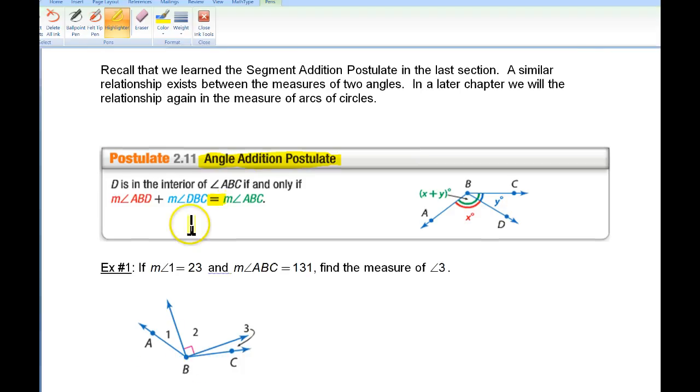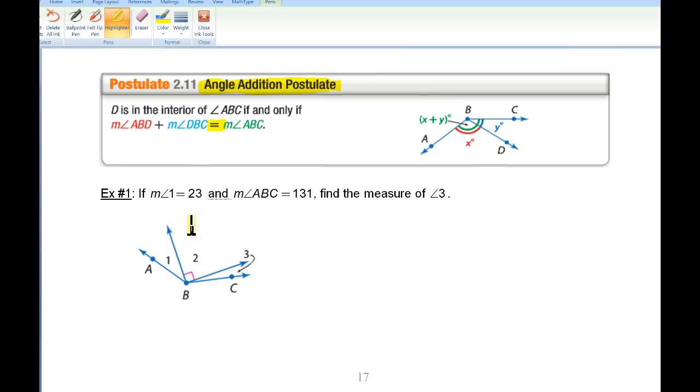The first example we have is not a proof, but it incorporates that postulate. Angle 1 is 23 degrees. Then ABC, this entire angle here, is 131 degrees. If you can picture that, we want to find the measure of angle 3, which is just this little angle in here.